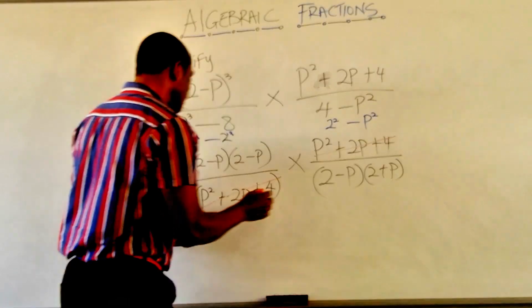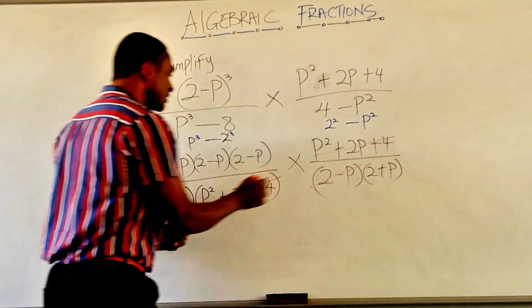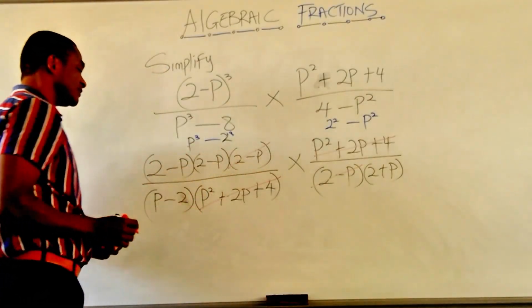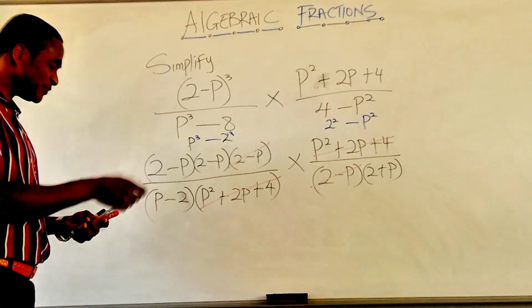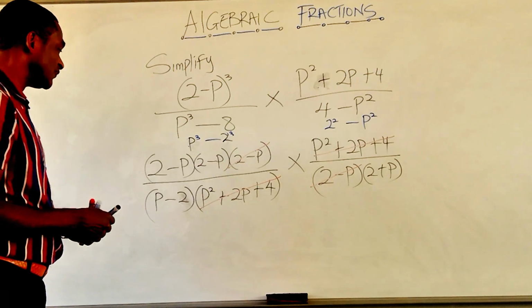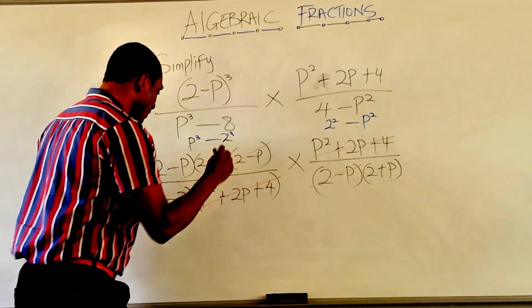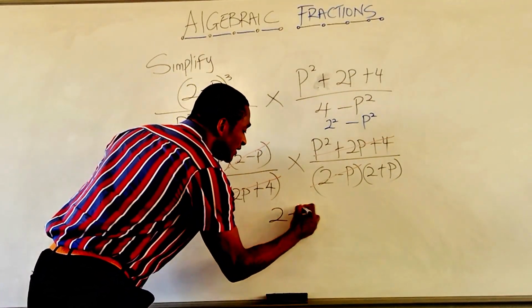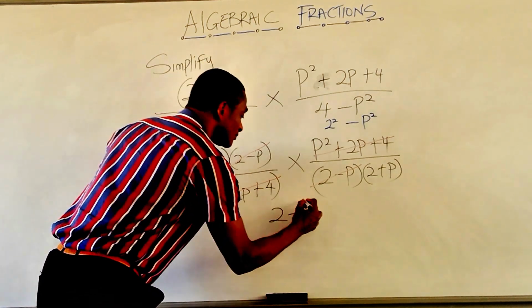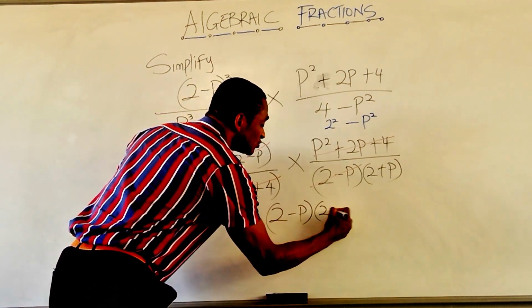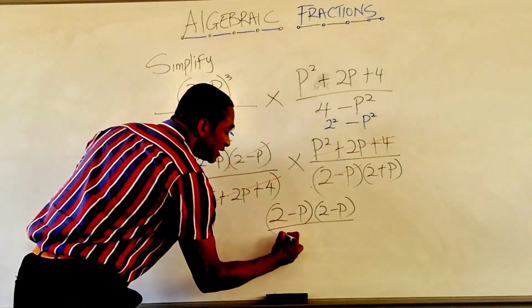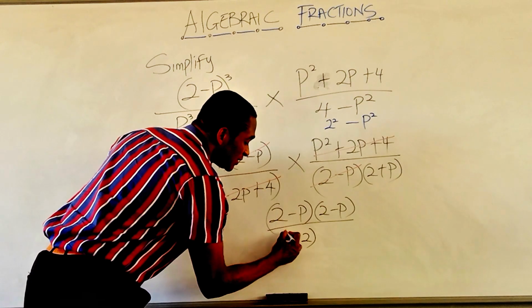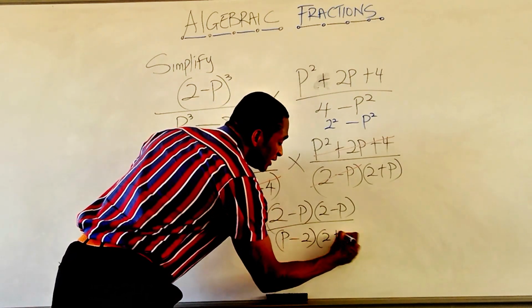We also look at this. We have 2 minus p can cancel out 2 minus p. Let's pick out what is left. Now we have (2 minus p) over (2 minus p) divided by what is left here, which is (p minus 2) and (2 plus p).